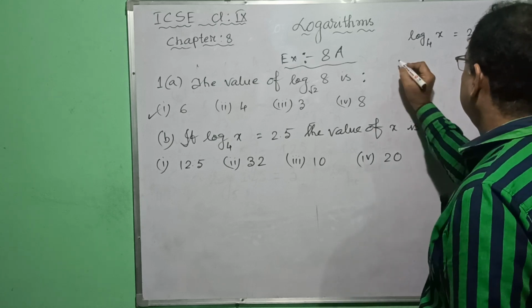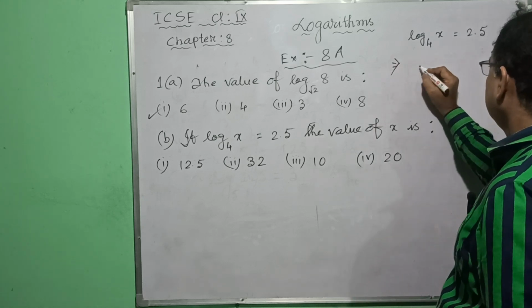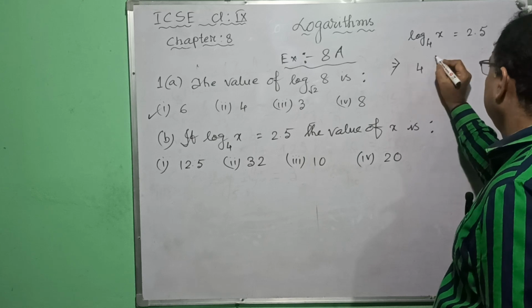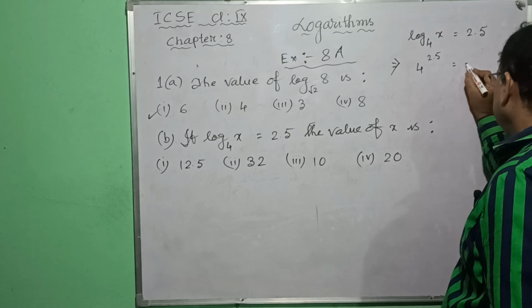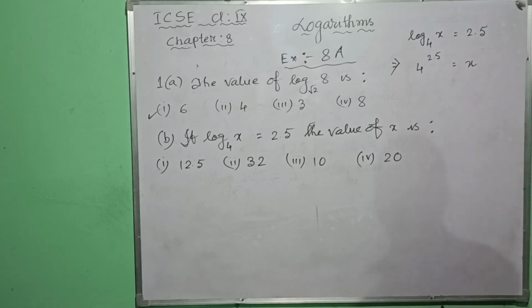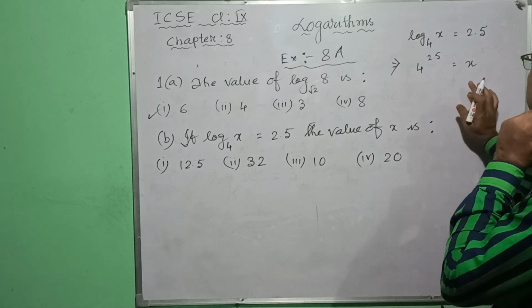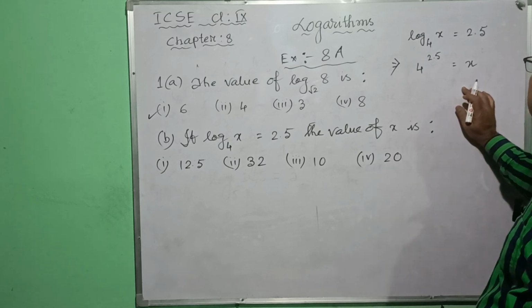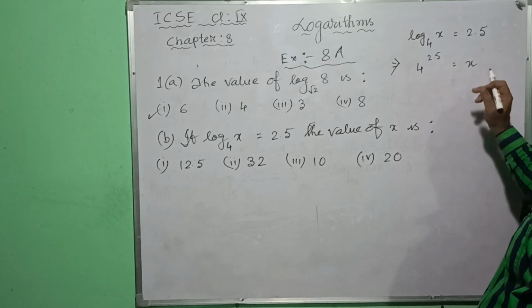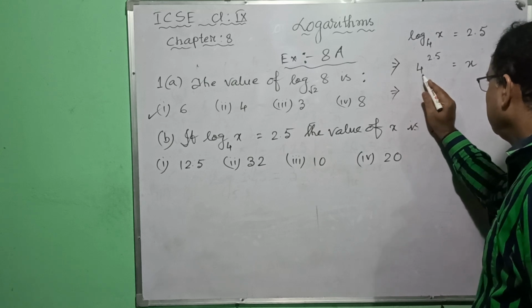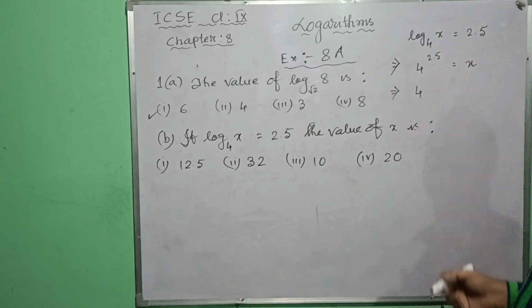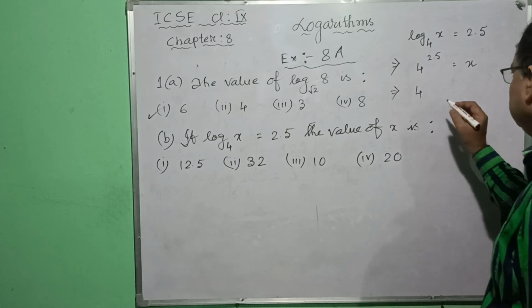We can write it 4 to the power 2.5 equal to x. 2.5 we can write 25 by 10.